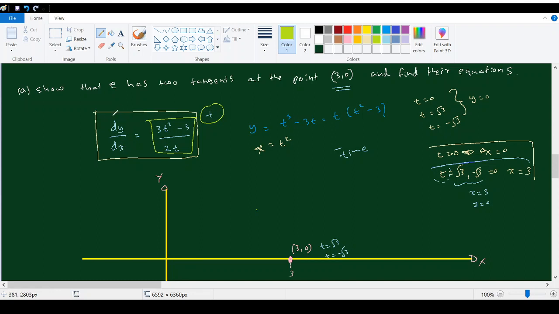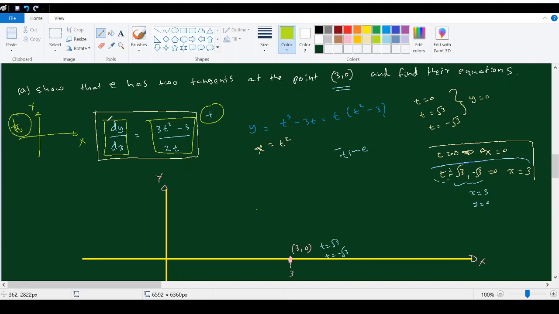You should understand this, because this is the gradient or slope of y with respect to x. That means we are plotting it in the coordinate plane of x and y, and within this coordinate system we don't have any axis that represents t.